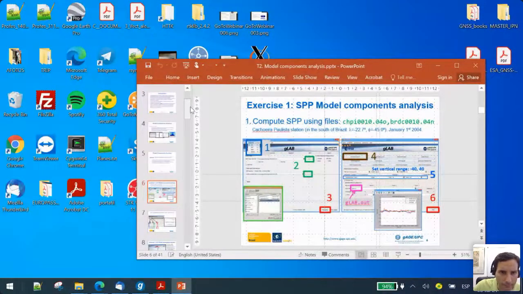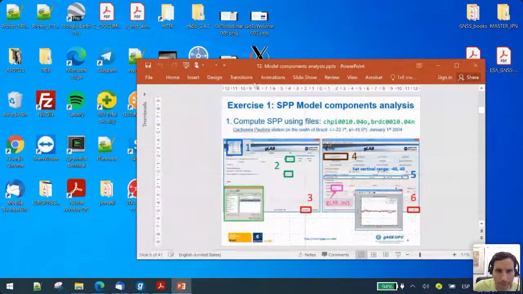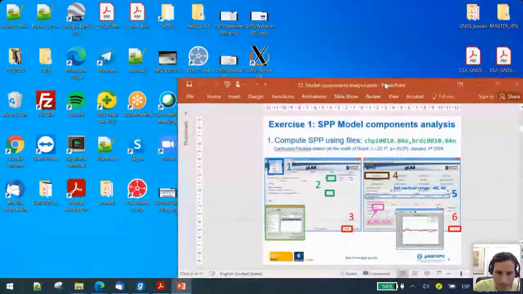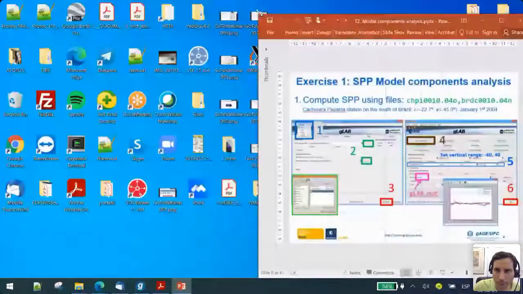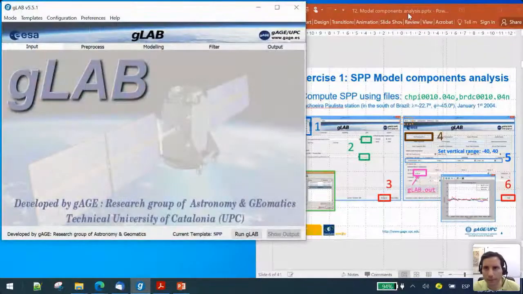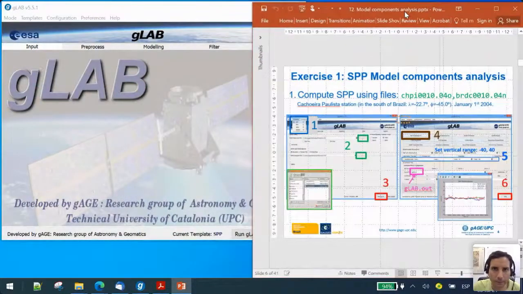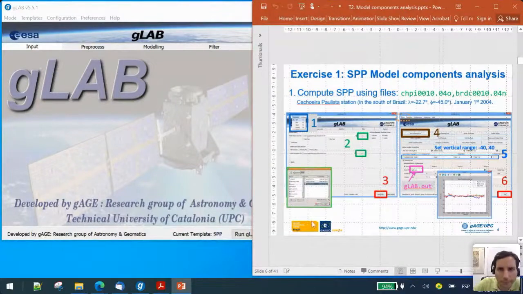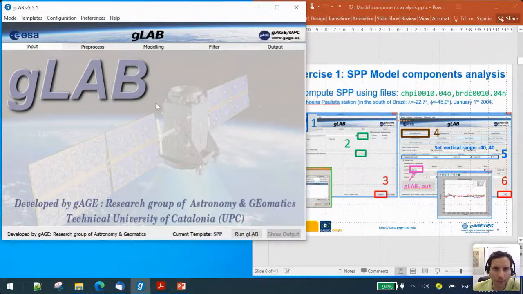I will try to fit everything here. So let me rearrange my desktop a little bit. Yeah, I think this will do. Okay, so this is the GLab tool, as we introduced on Monday.